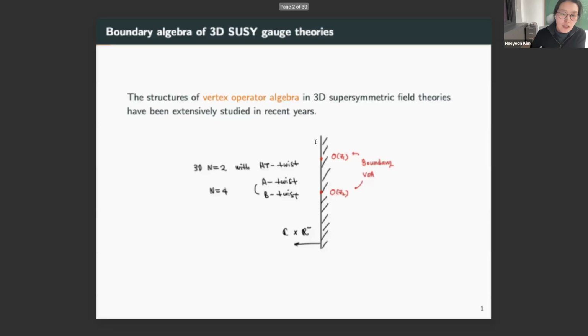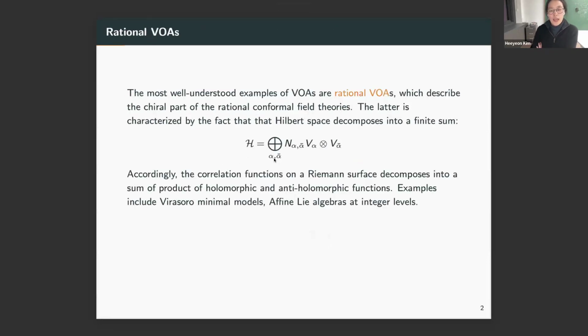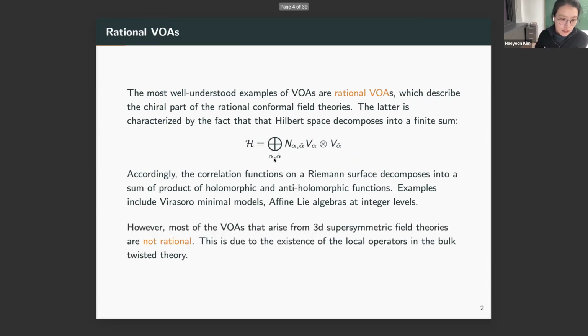For example, if you consider the 3D n=4 theory, where you can obtain the 3D fully topological twisted theory, after the A twist, the Coulomb branch operators of the original n=4 theory remain as local operators in the 3D bulk theory, and that's one of the reasons why the vertex operator algebra induced on the boundary is not rational and has some more exotic features.